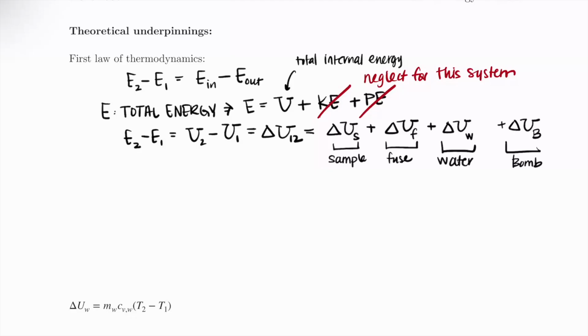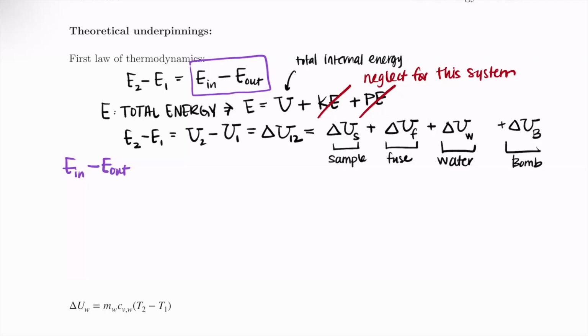Now let's talk about the right-hand side of the equation. So we have E in minus E out. What energy are we putting into our system? Anything? So the food is energy, but it's the U terms that we already talked about on the other side. Yeah. The energy that we're dumping via the wire. Yes. So we have electrical work being input, right, through the ignition. Very good. Thank you.